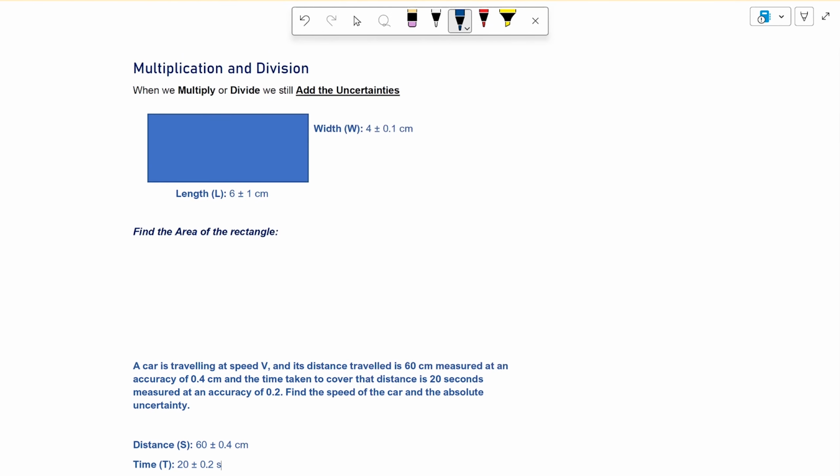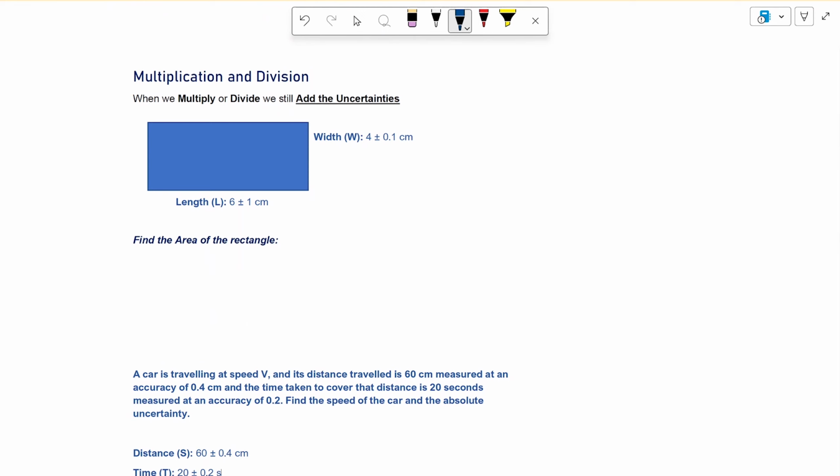Good. Now we move on to the second part of our questions, which is multiplication and division. In this question, we're to find the area, so let's just write the formula here. Area is equal to length times width, and that would be 4 times 6, which gives us 24 centimeter square.